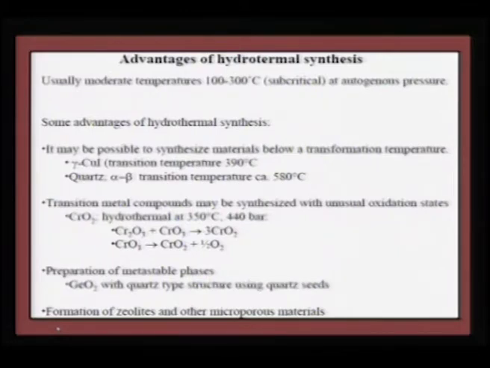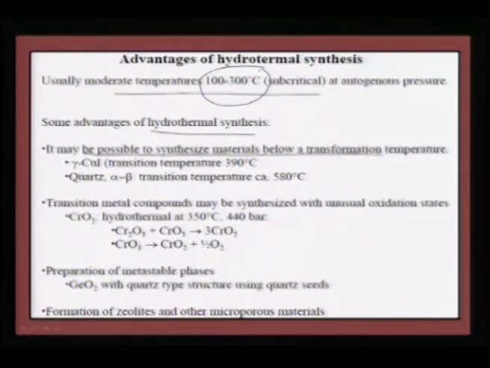Advantages of hydrothermal synthesis: usually we are playing around with moderate temperatures. You do not need very high temperature, because at this temperature you are almost achieving the supercritical temperature of any of the solvents. Therefore, this is a safe range, and as a result this can even be experimented in lab scale. Another advantage of hydrothermal synthesis is that it is possible to synthesize materials below a transformation temperature.